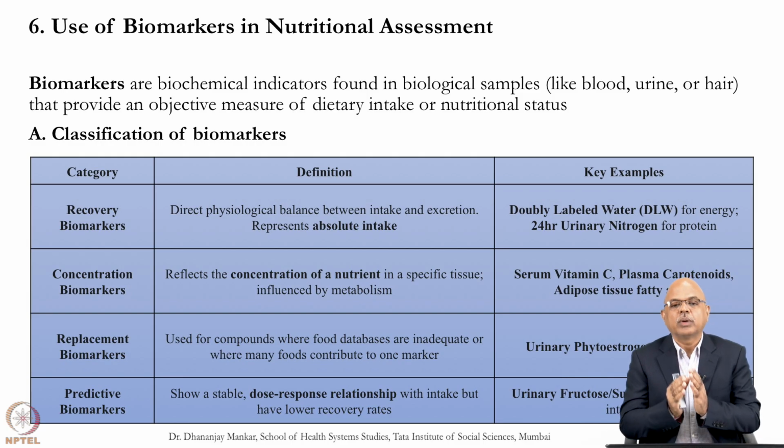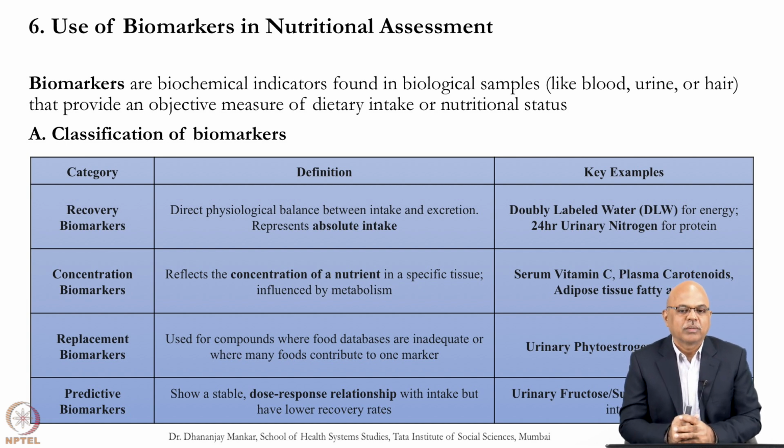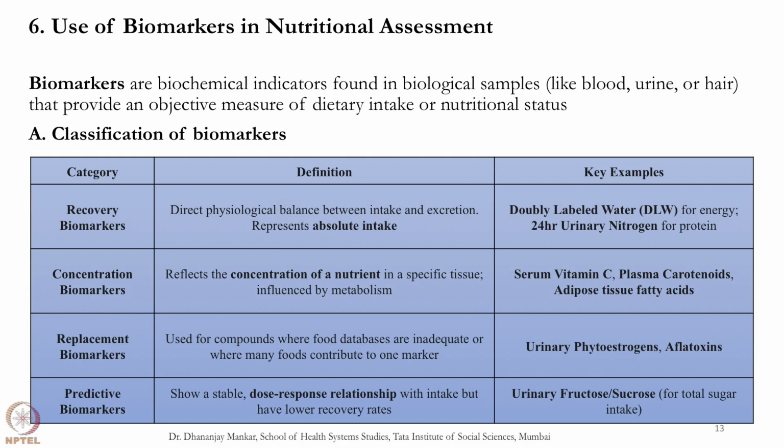If we talk about examples of recovery biomarkers, that is doubly labeled water or 24-hour urine nitrogen for protein. The concentration biomarkers are serum vitamin C, plasma carotenoids or adipose tissue fatty acids. The replacement biomarkers are urinary phytoestrogens and aflatoxins.